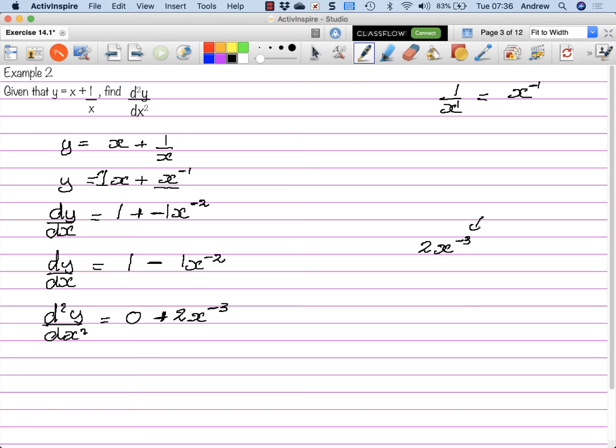And because that's a negative power, we can bring it to the bottom and write it as a positive power. Because there's no power on the 2, we can just leave it as a 2 on top. So we end up with d2y by dx squared is equal to 2 over x cubed. Okay, moving on.